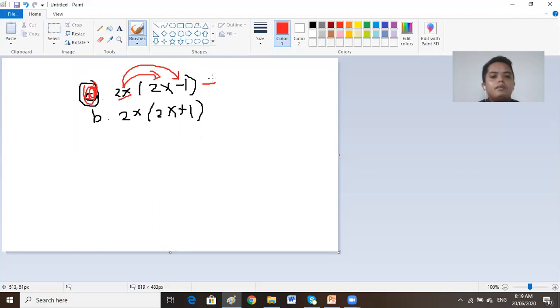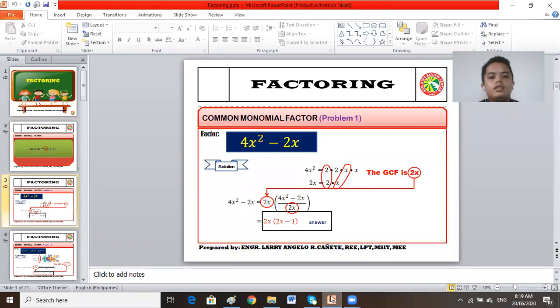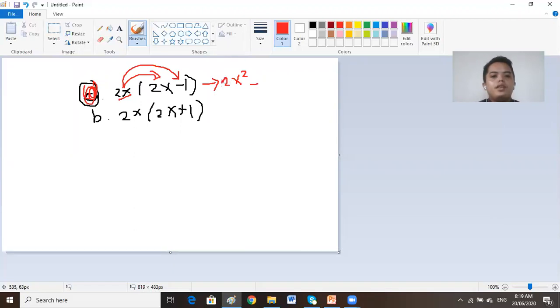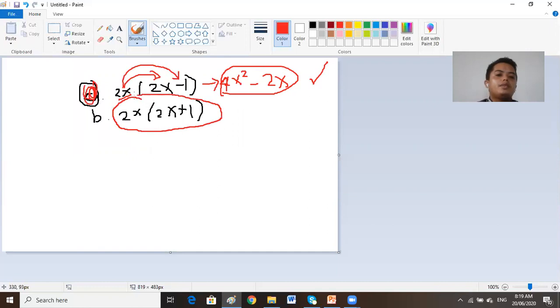You come up with 4x squared minus 2x. This matches the given, so it is the final answer. For choice B, you get 4x squared plus 2x, so this is not the correct answer.